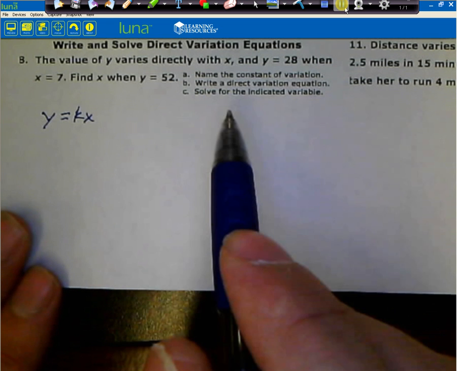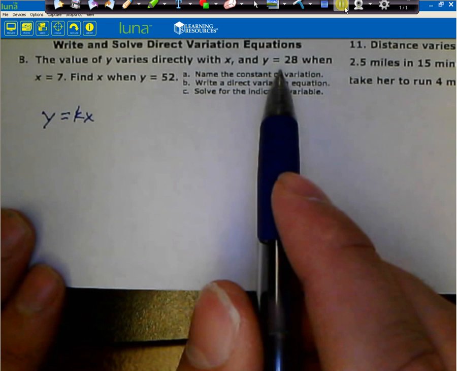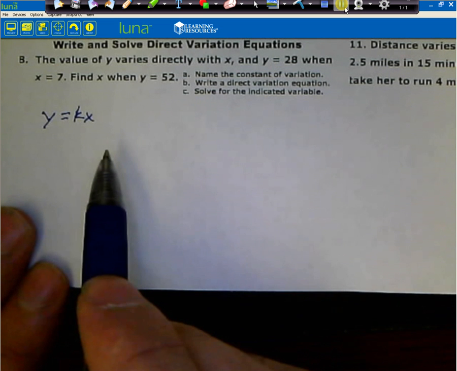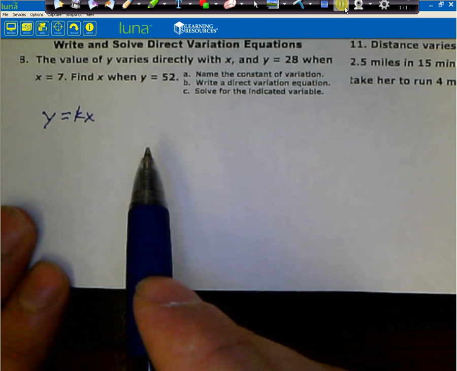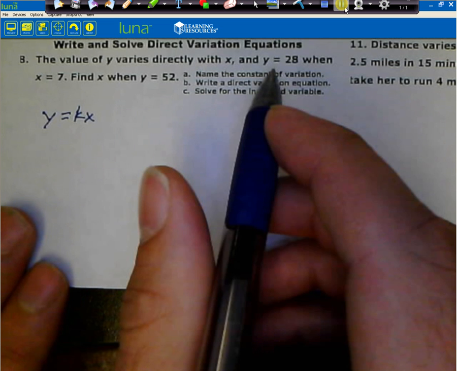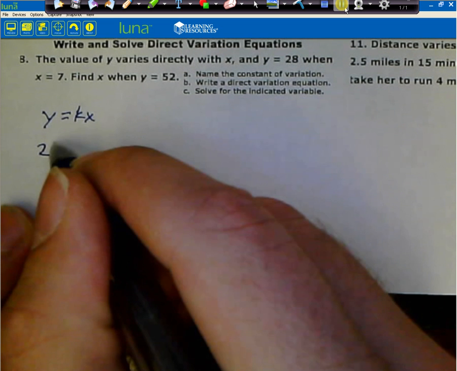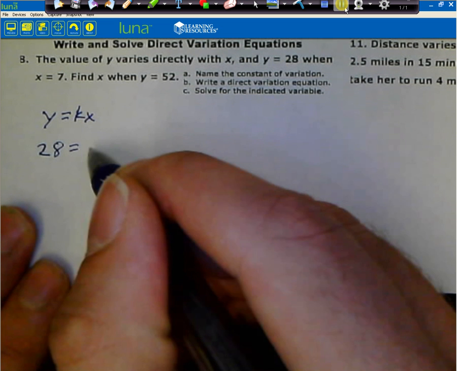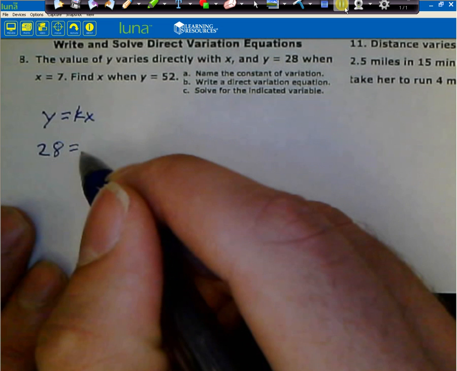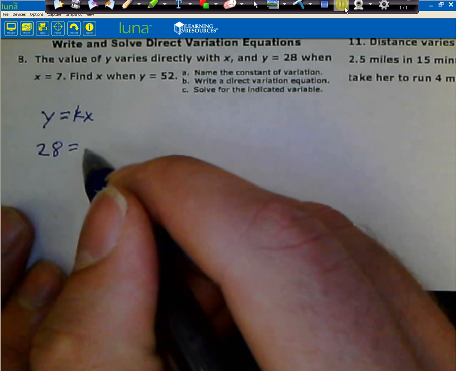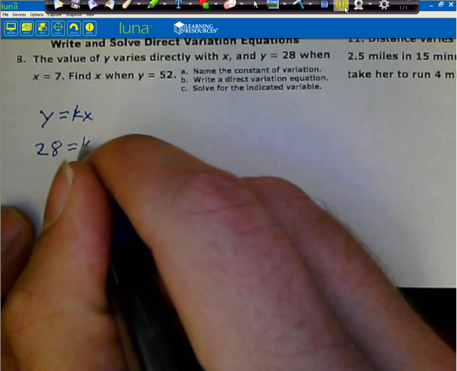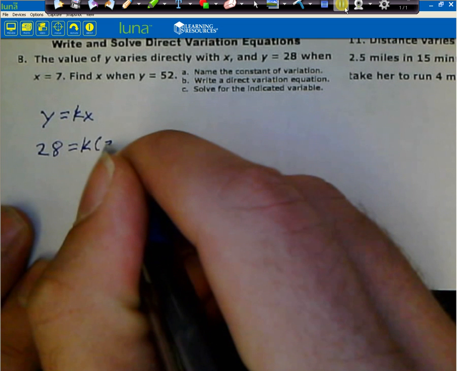Continue reading, and it says, and y equals 28 when x equals 7. Okay, let me plug that in. y equals 28. So 28 equals, let me continue reading here, when x equals 7. Okay, so I know what x is. So k times 7.